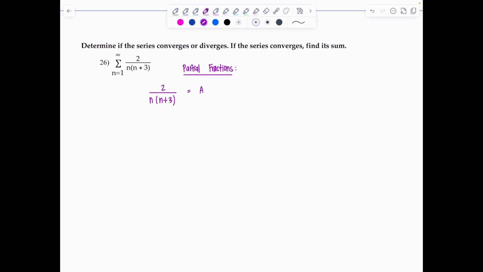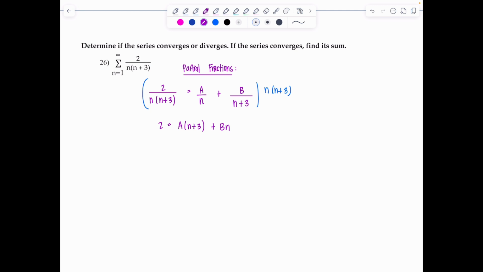So that's going to be A over n, because both of those are non-repeated linear factors, plus B over n plus 3. I'm going to multiply everything by n times n plus 3, and then we've got here 2 equals A times n plus 3 plus Bn.